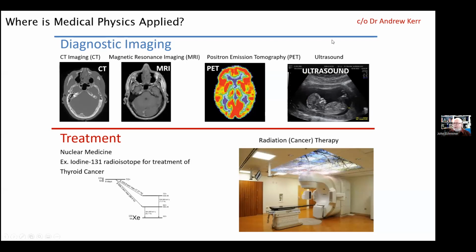So where is medical physics usually applied? In the hospital, most commonly medical physicists would be in diagnostic imaging, where one might be doing X-ray imaging or magnetic resonance imaging, PET imaging, ultrasound.